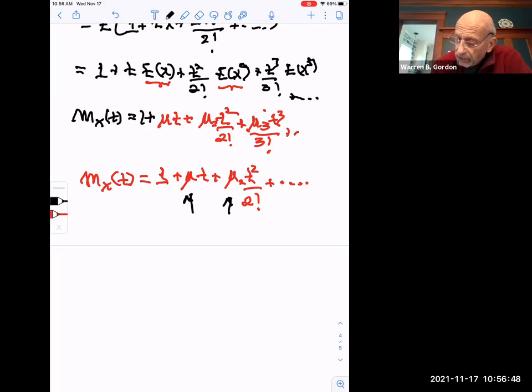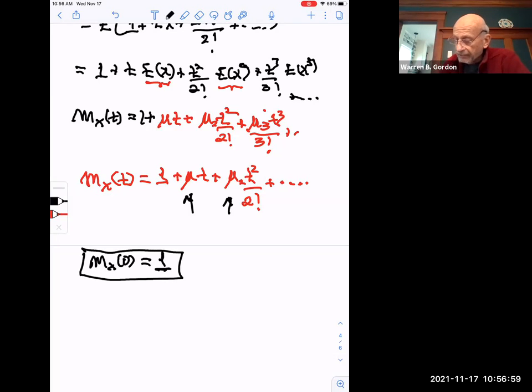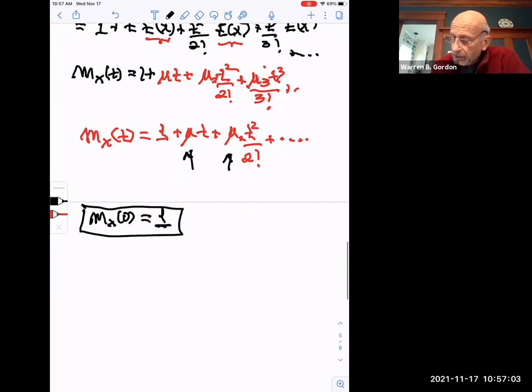Now, the first thing to observe is when t is equal to 0, the moment generating function is always equal to 1. If that didn't happen, you made a mistake. The next thing to observe is if I take the derivative with respect to t of the moment generating function, what do I get?